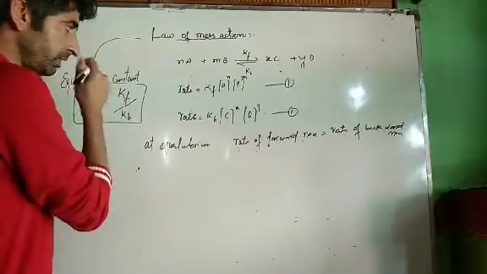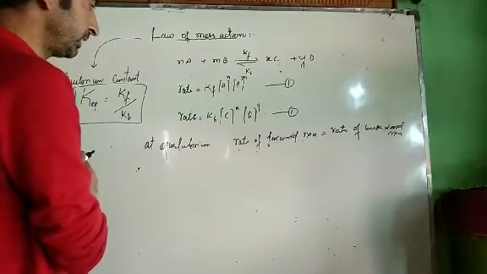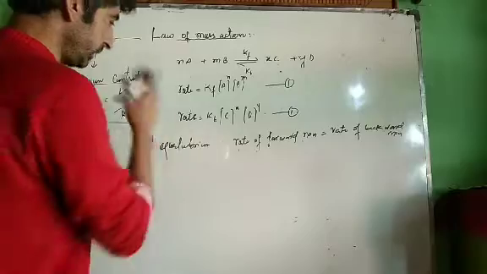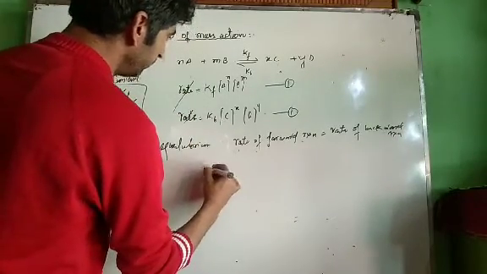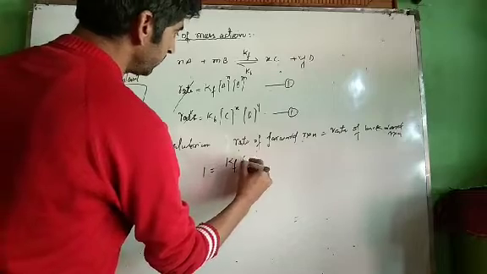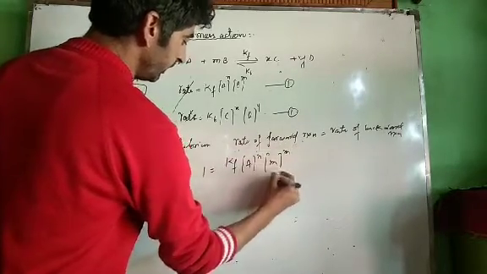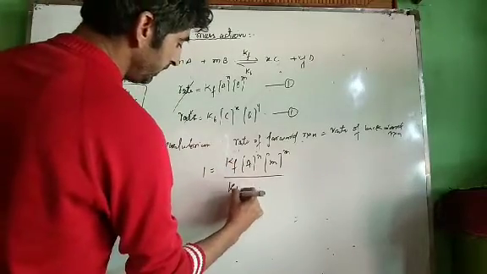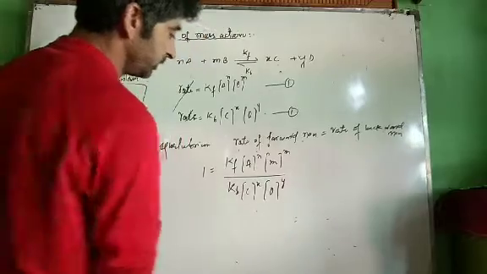Now what is rate of forward reaction over here? It is this. What is rate of backward reaction over here? It is this. Now let us divide these two equations. Now this and this will go, it will be equal to 1. 1 will be equal to Kf into concentration of A raised to power n, concentration of B raised to power m, divided by Kb into concentration of C raised to power x into concentration of D raised to power y.